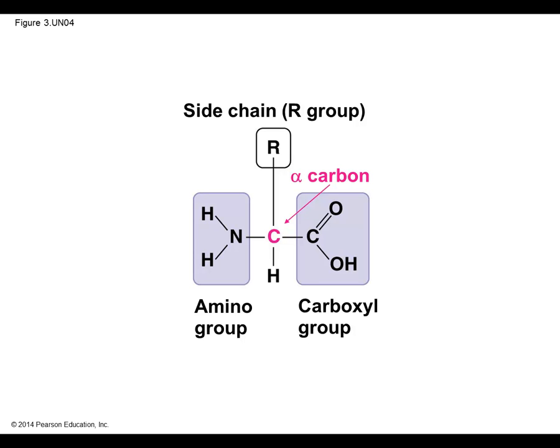The building blocks for proteins are amino acids, and these are organic molecules with a carboxyl and an amino group. So amino and carboxyl. The central atom is the alpha carbon, and the other group that's important is the side chain, and there are going to be various different chemistries that can be in that side chain R group.